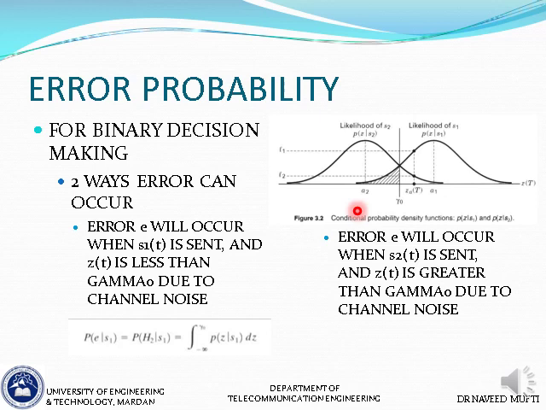an error occurs when S2 of t is sent and the channel noise results in Z of t being greater than gamma naught. So the probability of this occurrence, the probability of error given S2 was transmitted, is the same as saying that we select hypothesis H1 given that S2 was sent, and that will be equal to the integral of the shaded portion of this part here.